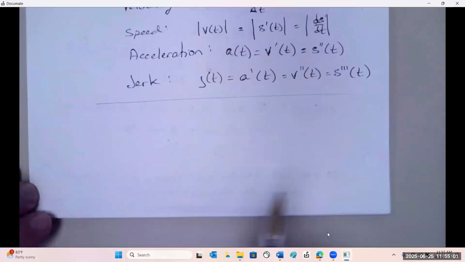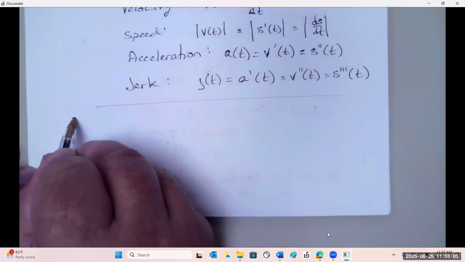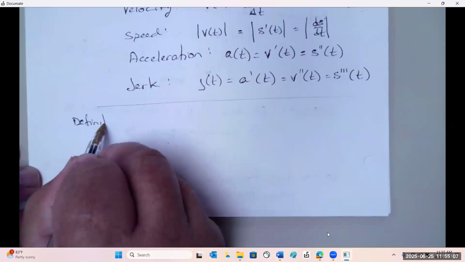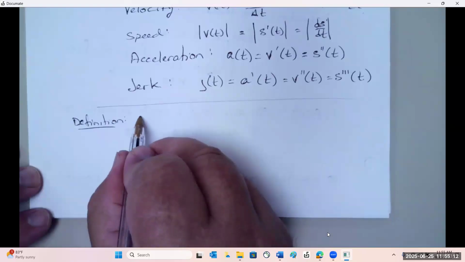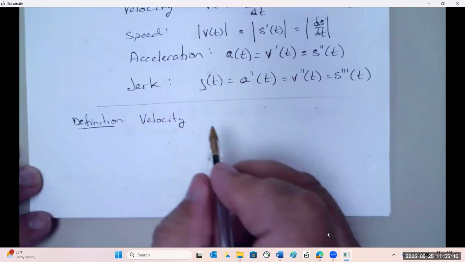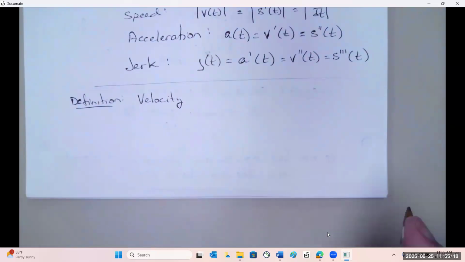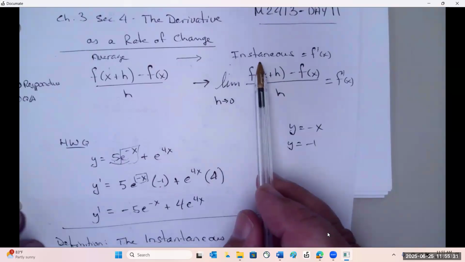So let's define velocity. We have two different types of velocity. Average velocity and instantaneous velocity.